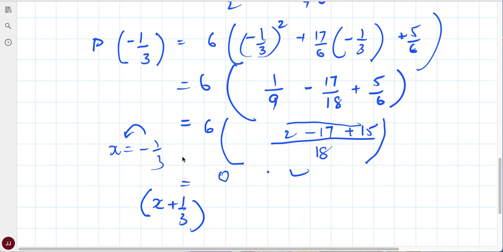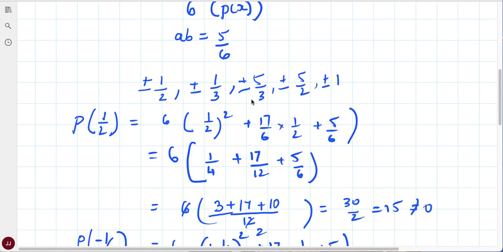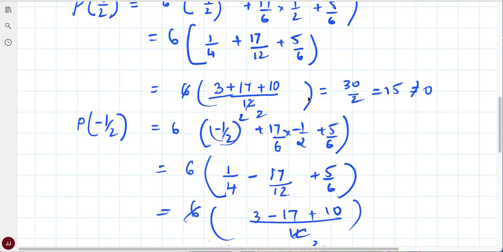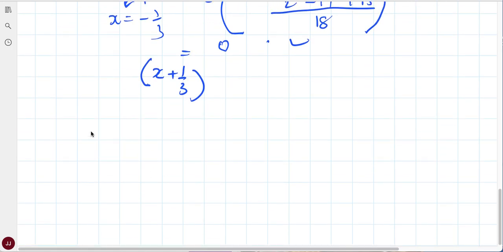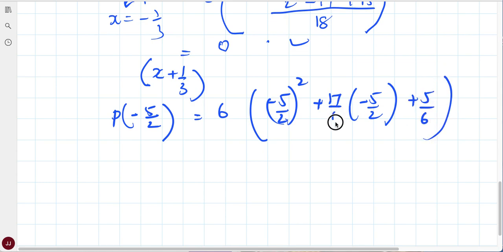Okay, so we have to try with the other possible values, 5 by 3, 5 by 2, and so on. So I'm going to try with minus 5 by 2. P of minus 5 by 2, that is going to give me 6 into minus 5 by 2 whole square plus 17 into minus 5 by 2, okay, plus 5 by 6, again this by 6.